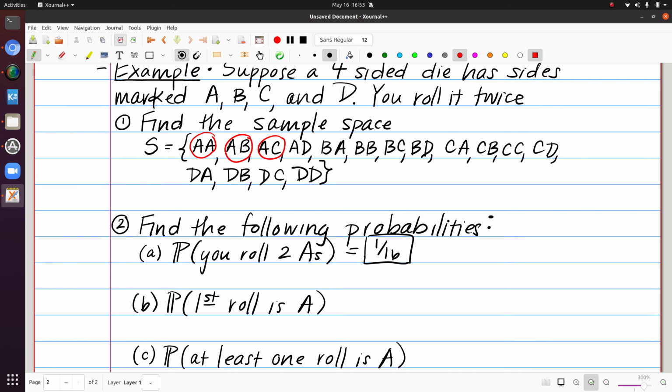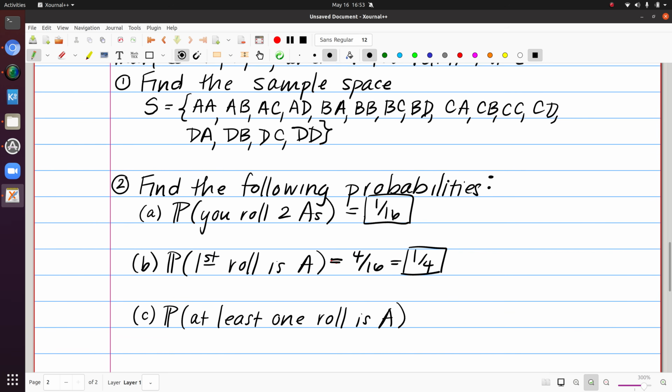Let me just move that coloring. 4 out of 16, or 1/4. And I'll also point out another appropriate way to arrive at this answer is if you just completely disregard the second roll. This question is only asking about the first roll, and we know that A is one of the 4 possible choices.